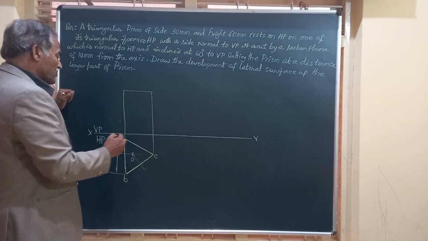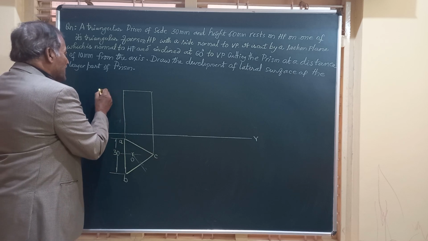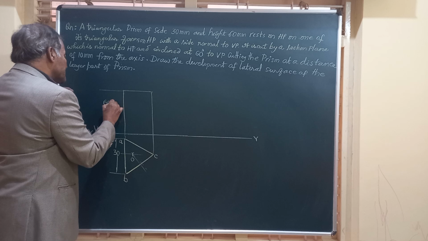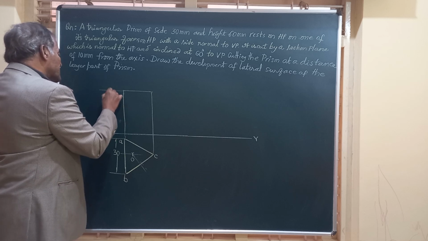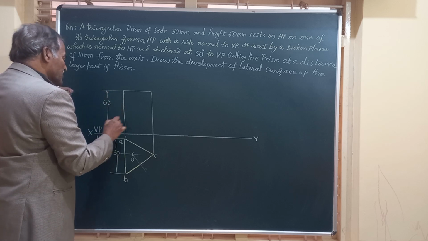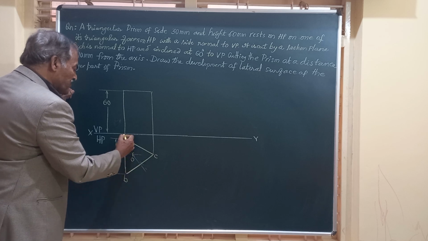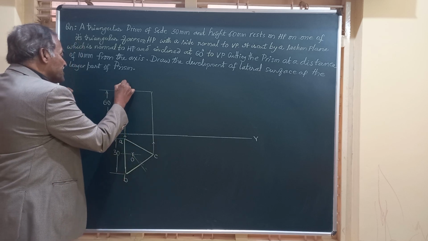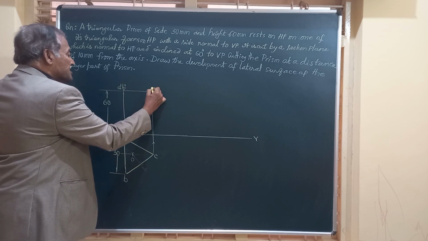So let us mark this, and before that let me mark the height of this prism, which is 60 millimeter. So this is ABC. If you draw verticals through these, they will be A dash, B dash, and this is C dash.